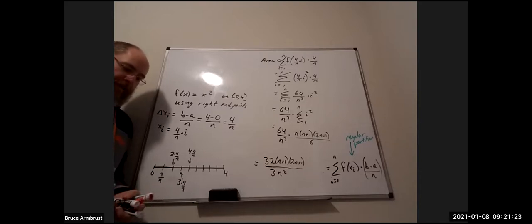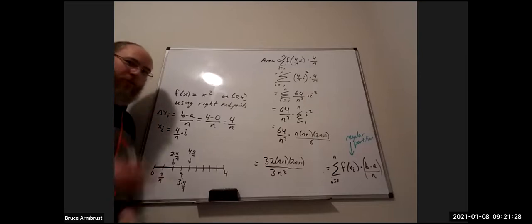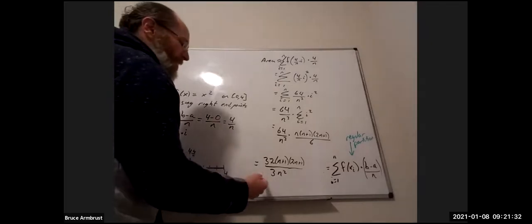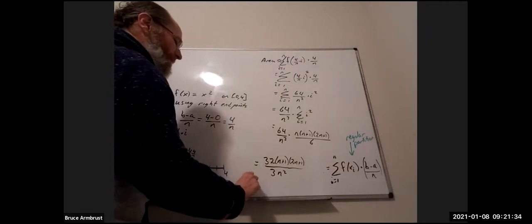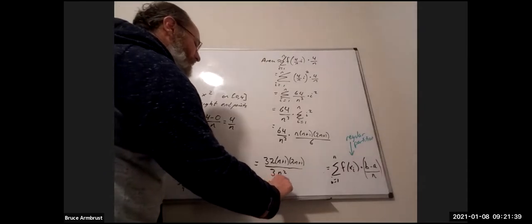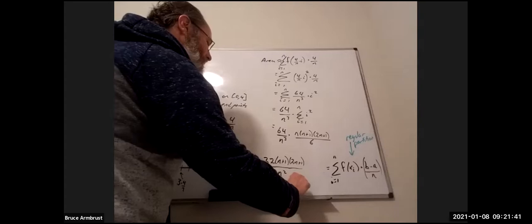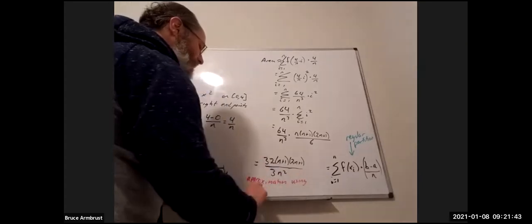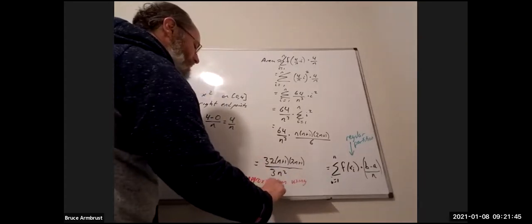All right. So what? Well, check this out. This is actually the approximate area. This is the approximation that we get using n subdivisions.